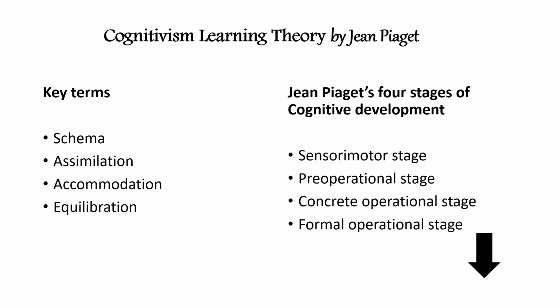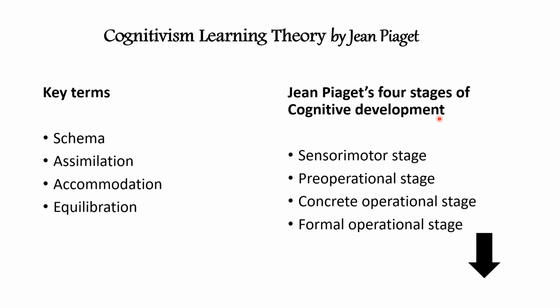That is cognitive learning theory by Jean Piaget. So these are the keywords that are going to be running through our discussions: schema, assimilation, accommodation, equilibration.